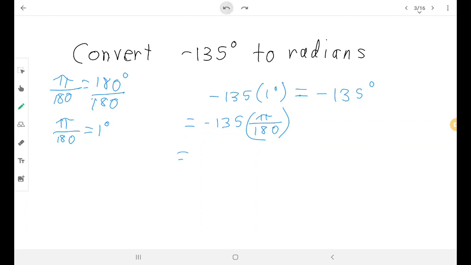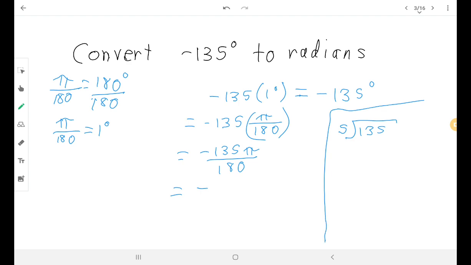And then I can mess with this a little bit. I'll multiply it to the top only, and have negative 135 times pi over 180, and I will focus on reducing that 135 over 180. I know they both can reduce by at least 5. So I've got negative, and then 135 divided by 5. I'll make a little work box here.